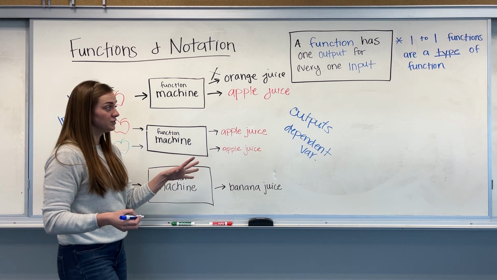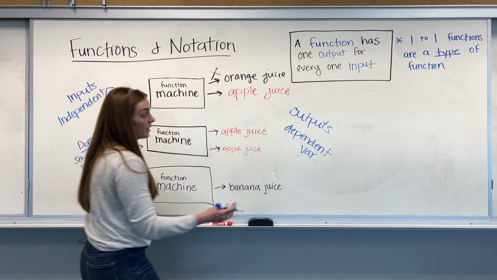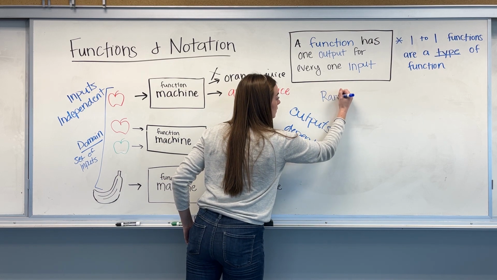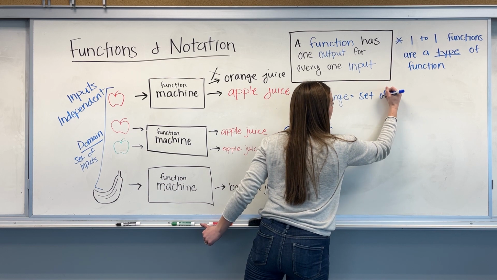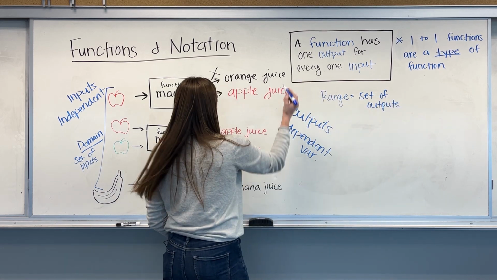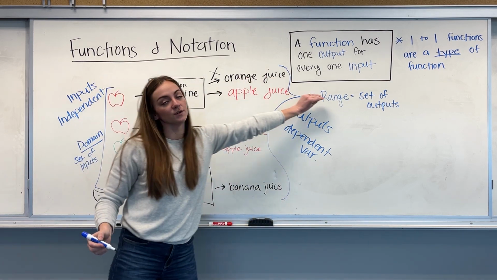And so our range is our set of outputs. All of these in a group is our range. Put that here. So that's all of those. All of those are the range.